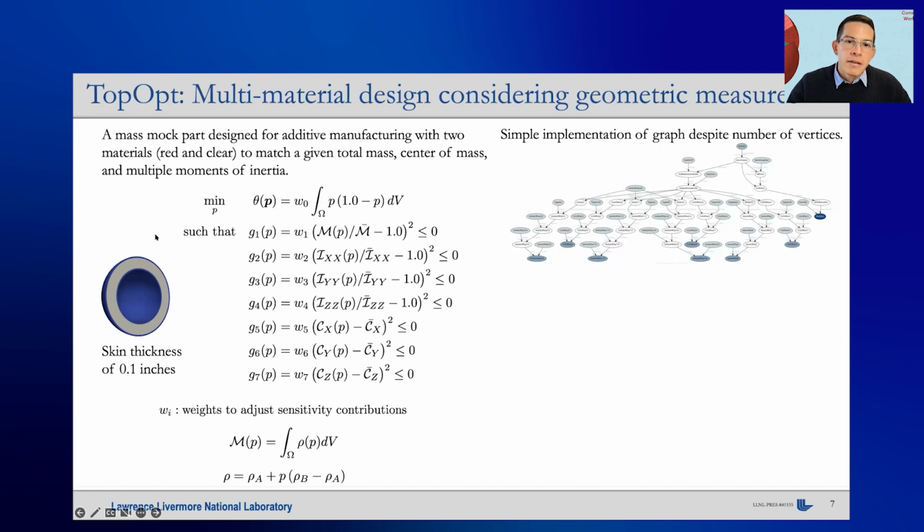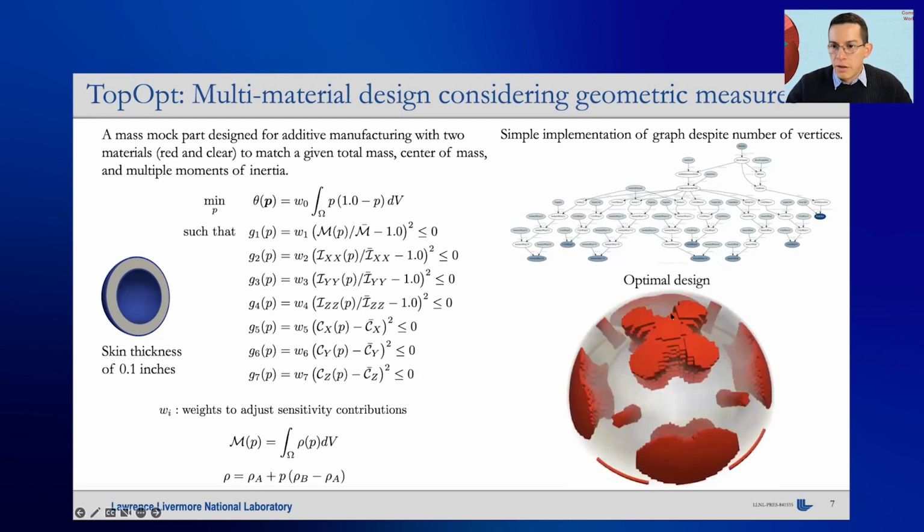If we define these basic components in a basic graph, like the mass, the moment of inertia, combining them, providing these simple algebraic expressions can be done automatically by the LiDO graph, meaning that I can just write this out as a text string, and then the graph that you see here, at least these operations, the multiplications, division, subtraction, etc., will be done automatically in the graph in LiDO. And of course, the derivatives too. And for completion, this is how the optimal design for this problem looks.